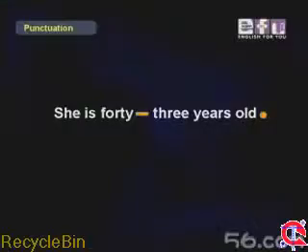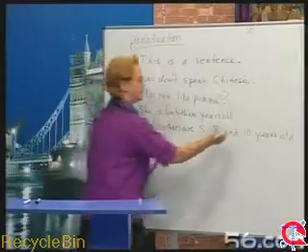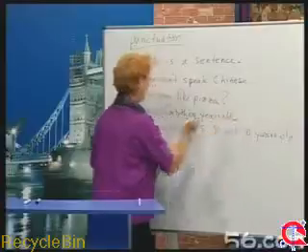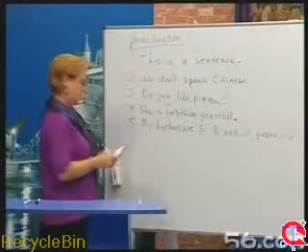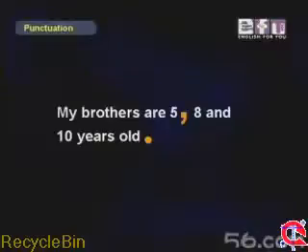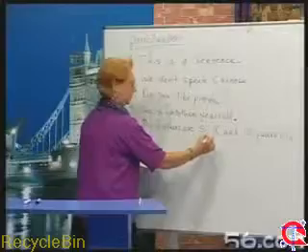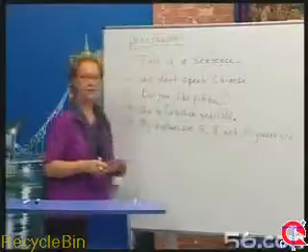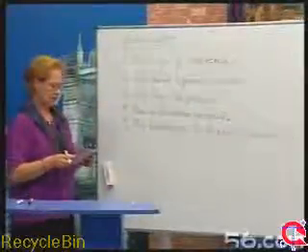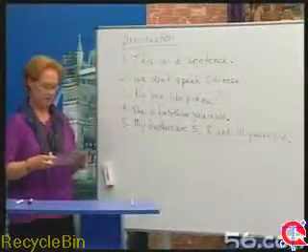She is 43 years old, period. Yes, good. And last one, Isabel. My brothers are 5, 8, and 10 years old, period. Okay. All right. There should also be a comma here. Okay? All right. Good job, all of you.